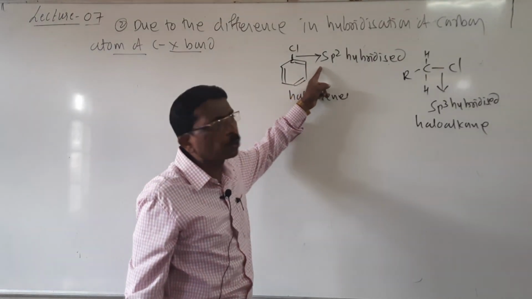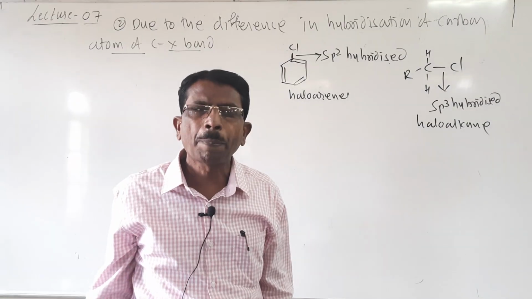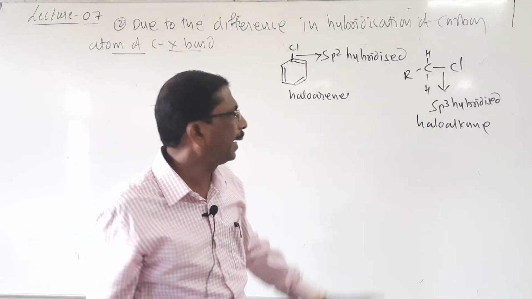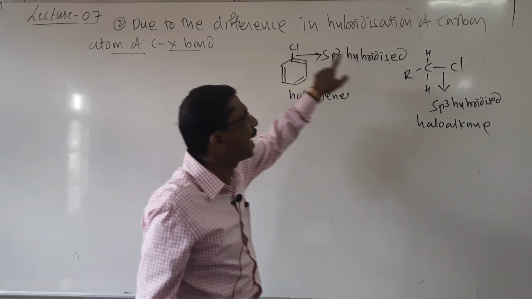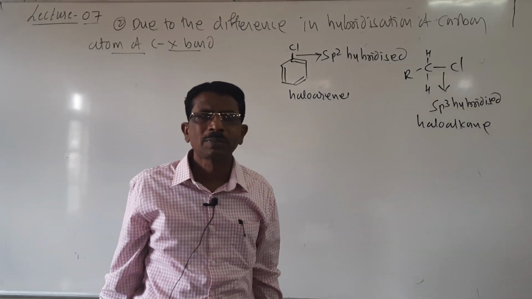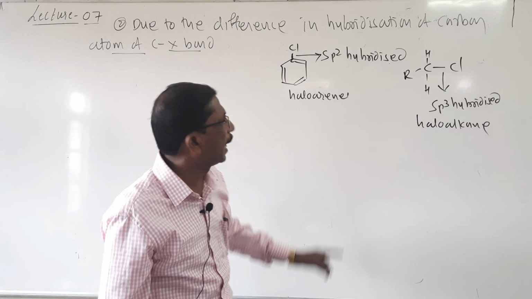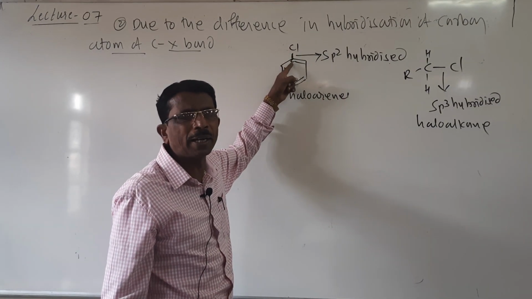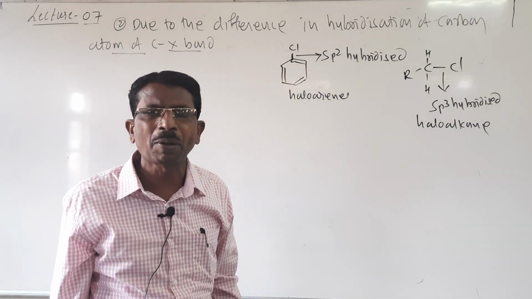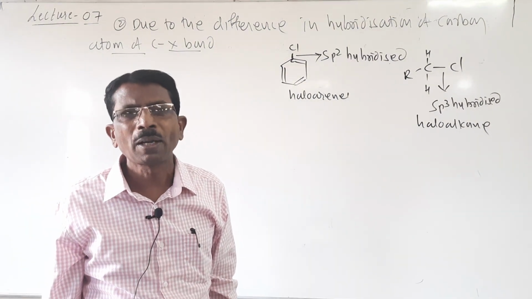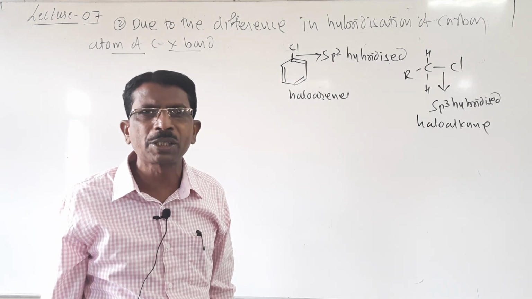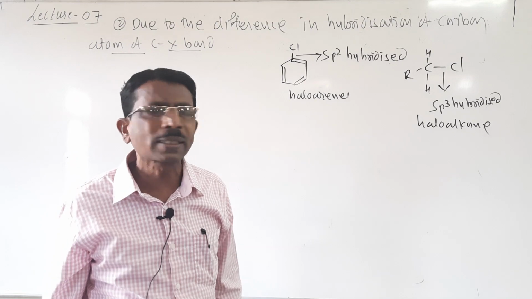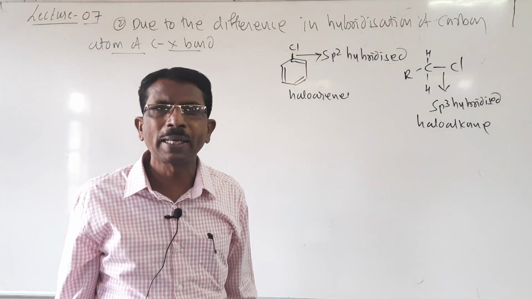And due to sp2 hybridization, the percentage of s character is 33.33%, and it is more electronegative as compared to this, and therefore the halogen atom is tightly bonded to the carbon atom of the benzene ring, and therefore it is difficult to cleave C-Cl bond. So these are less reactive as compared to those of haloalkanes.